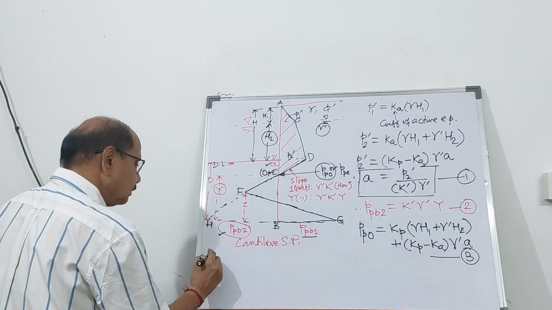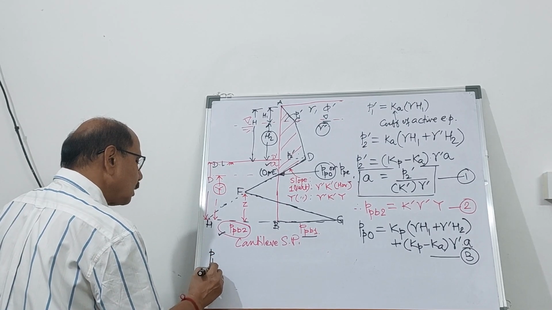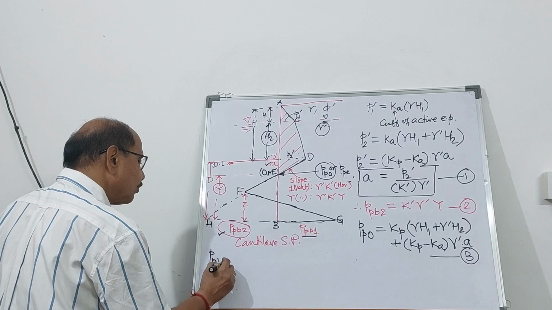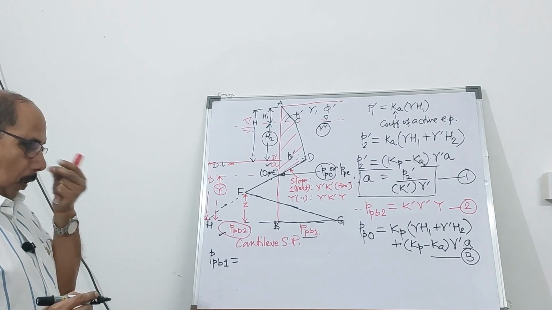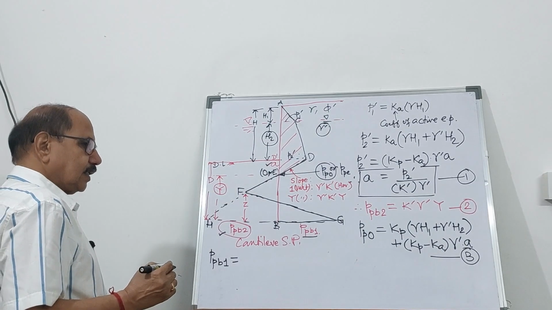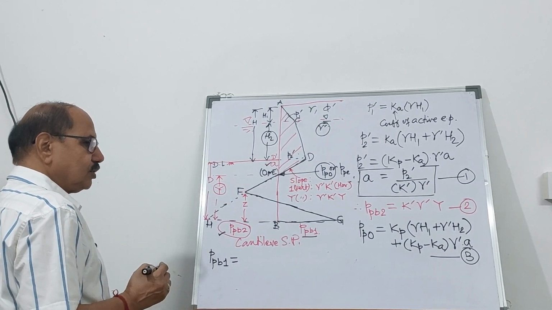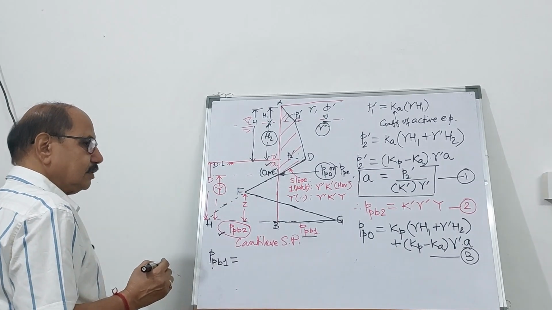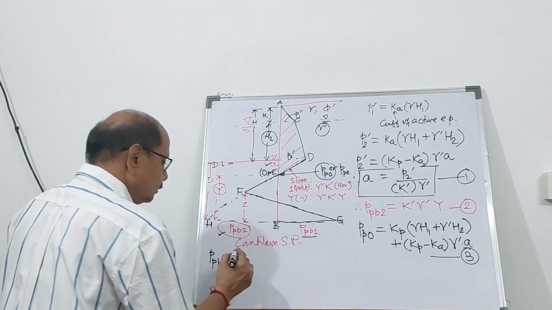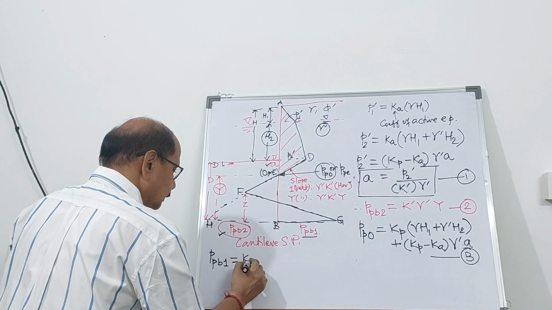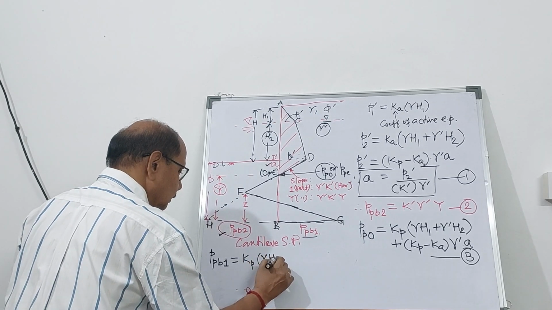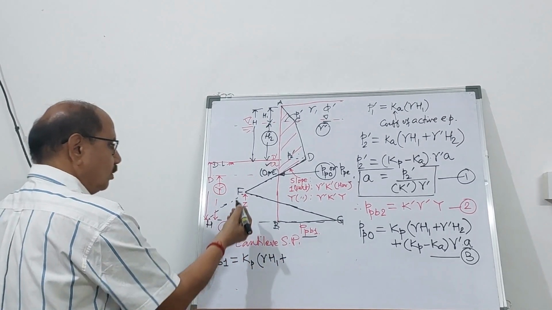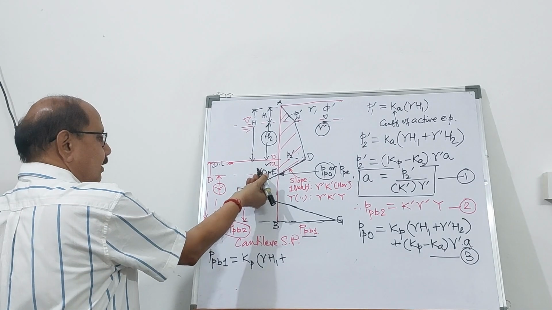It will be Kp times gamma H1, because it is deflecting like this.